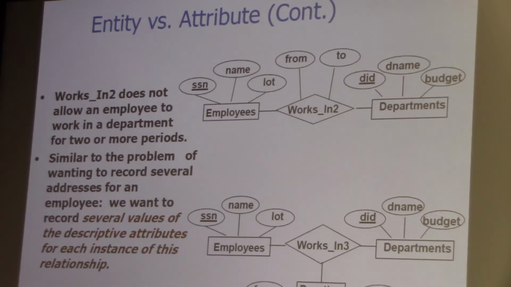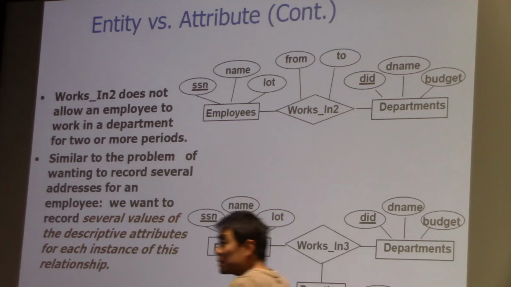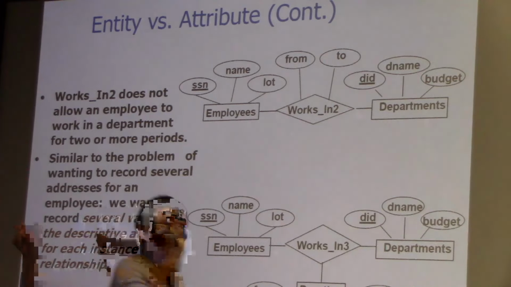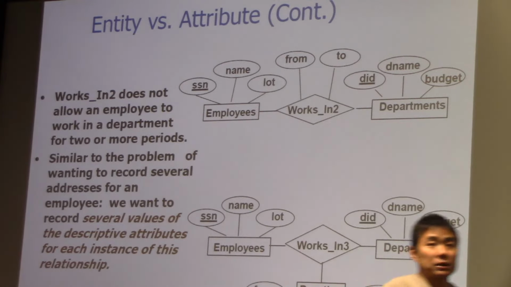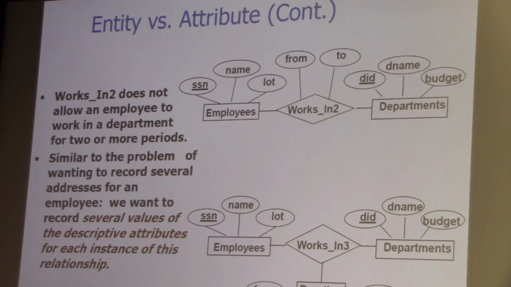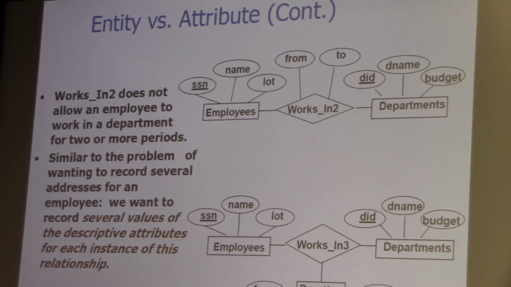However, if you're going to New York City, many employees will be living in an apartment complex. And I want to know some particular structure information about that apartment complex. Meaning many employees may be mapped to the same address entity. Then it makes more sense to model address as an entity set rather than an attribute for the employee entity set. Does it make sense to you guys?